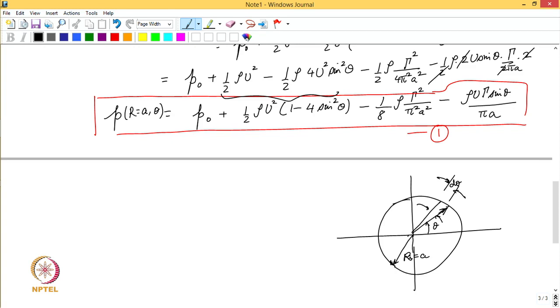So, we take a small element which has the angular increment of d theta. So, the length of this element is actually this length, which maybe I can mark in a different color. This length is actually a d theta, because a is the radius of the circle or of the cylinder.